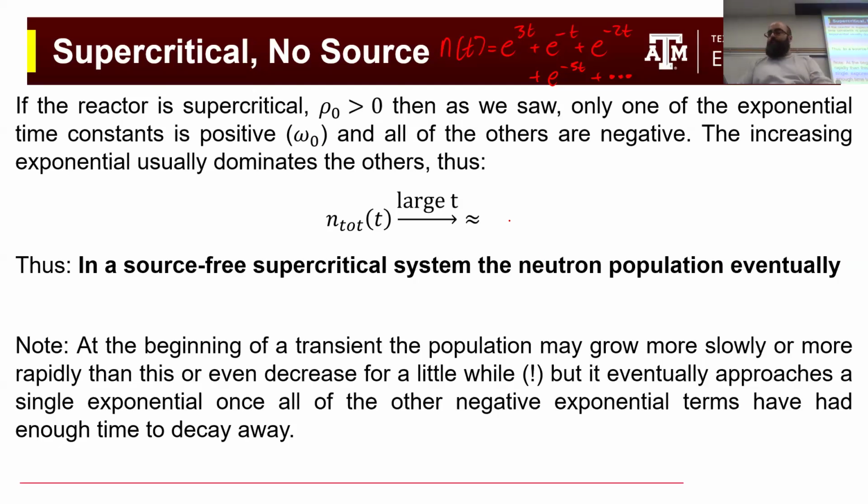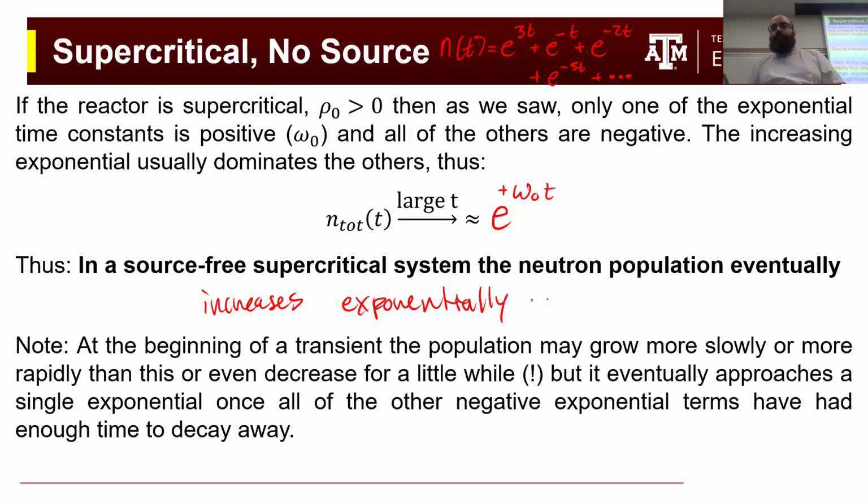So if it's a supercritical system, over a long time period my solution is going to end up looking like e to the omega t, where that was a positive omega zero. Therefore, if I have a supercritical system with no external sources, then as time moves forward, the system is eventually going to increase exponentially with time.